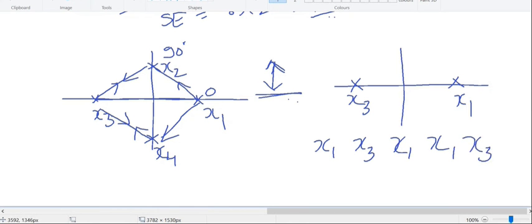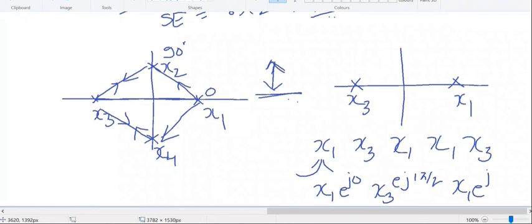Okay, but each of these IQ samples, you also have to multiply with another phase factor, which is 0. Then X3 e to the power of j 1 into pi by 2. Then X1 into e to the power of j 2 into pi by 2, like that. So when you do this, after doing this, you will have 4 points.